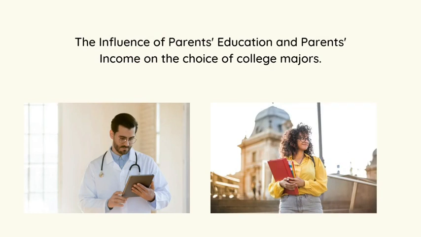In this case, parents' education and income are ordinal data scales, while choice of college major is a nominal data scale variable with more than two categories, such as social, health, engineering, and other majors.